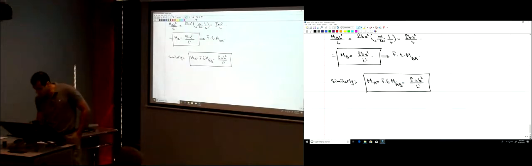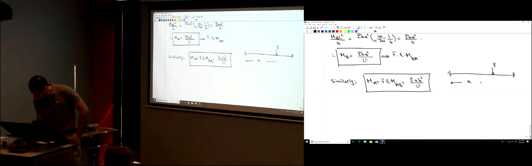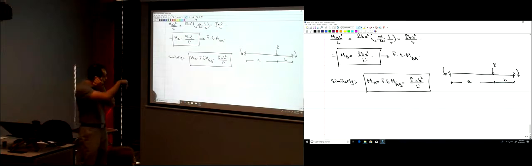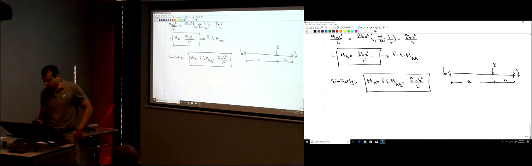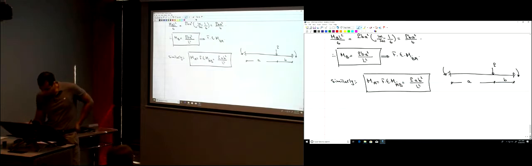So if you have a beam here with a load P, and this distance is A, and this distance here is B, the fixed end moments, we were assuming that they were negative like this, okay? And we got that positive sign, so our assumption was correct.